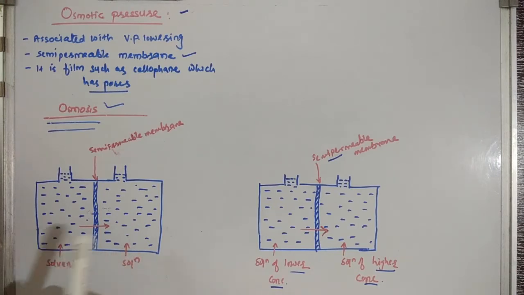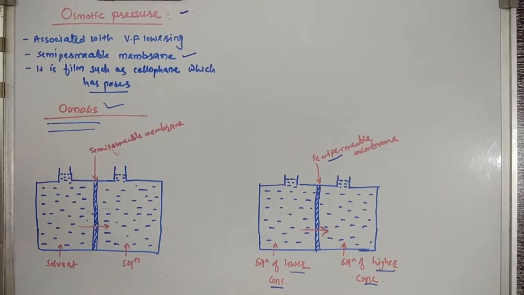This is favorable since the vapor pressure of the solvent is greater than the vapor pressure of the solution. This is the reason why the rate of flow of solvent molecules from the solvent towards the solution is more.